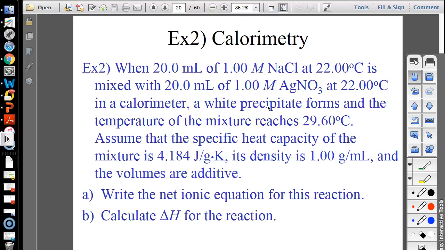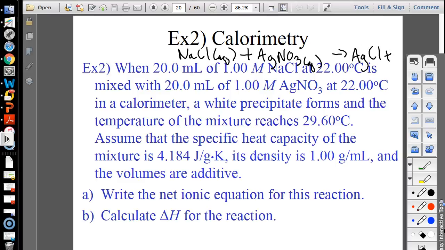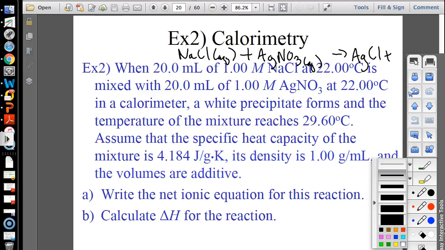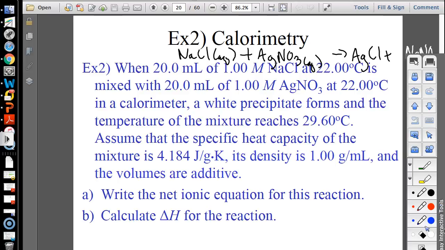So that's cool. So write a net ionic equation. Should be able to do that pretty quickly. So if I have sodium chloride and then silver nitrate, that's going to give me silver chloride and sodium nitrate, right? And that's a solid. The silver chloride is a solid.